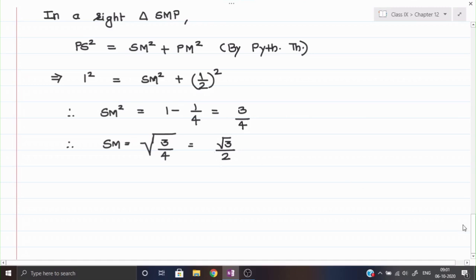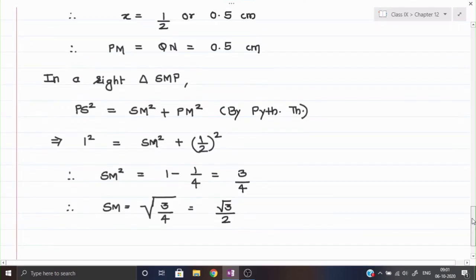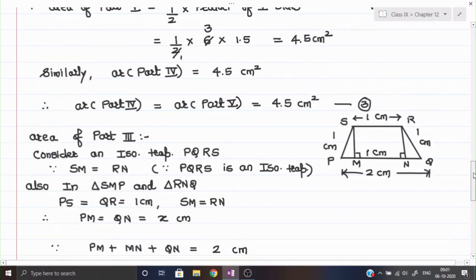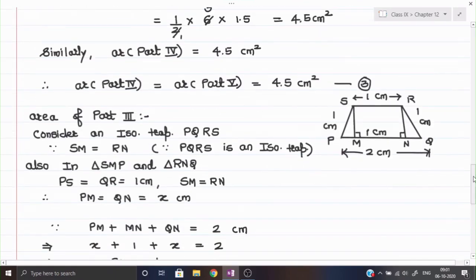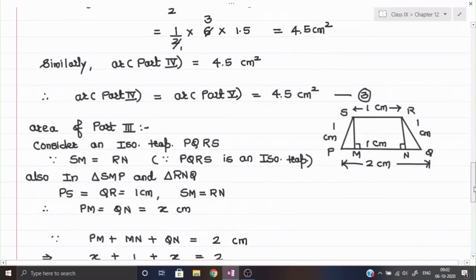Okay, now the value of SM we got. So easily we can get the area of triangle SMP and the area of triangle RNQ, because SMP and RNQ are both the same. So the area of triangle SMP is 1 upon 2 into the product of the perpendicular sides, the same formula that we applied earlier.